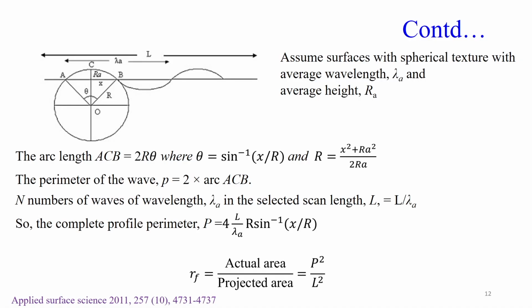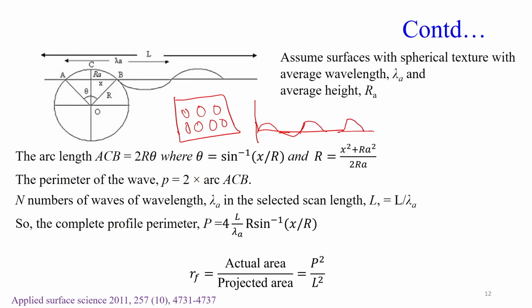So, here let us assume we are having a patterned surface. Let us say you are having a surface structure, it is having this kind of structure. So, if we draw a 2D profile, the 2D profile will look like this. Now we can try to complete this.